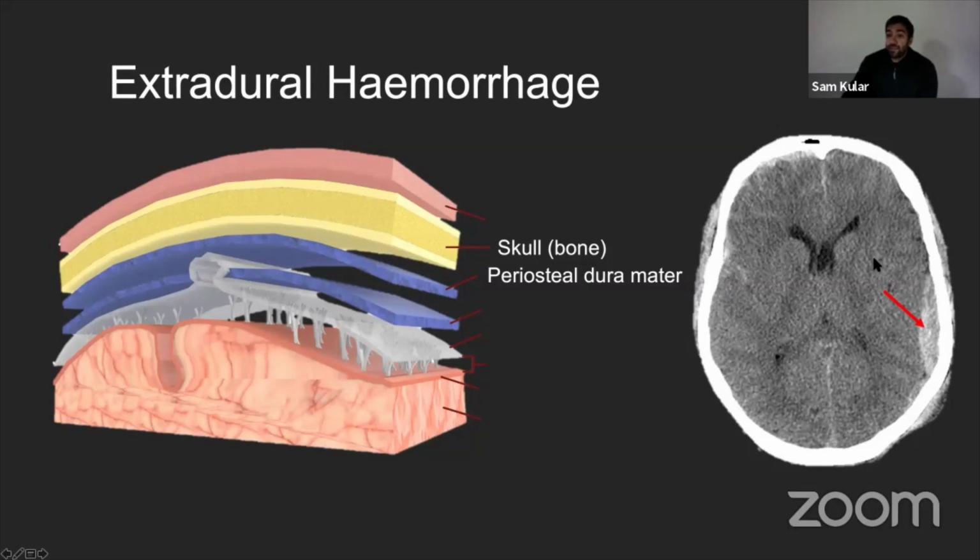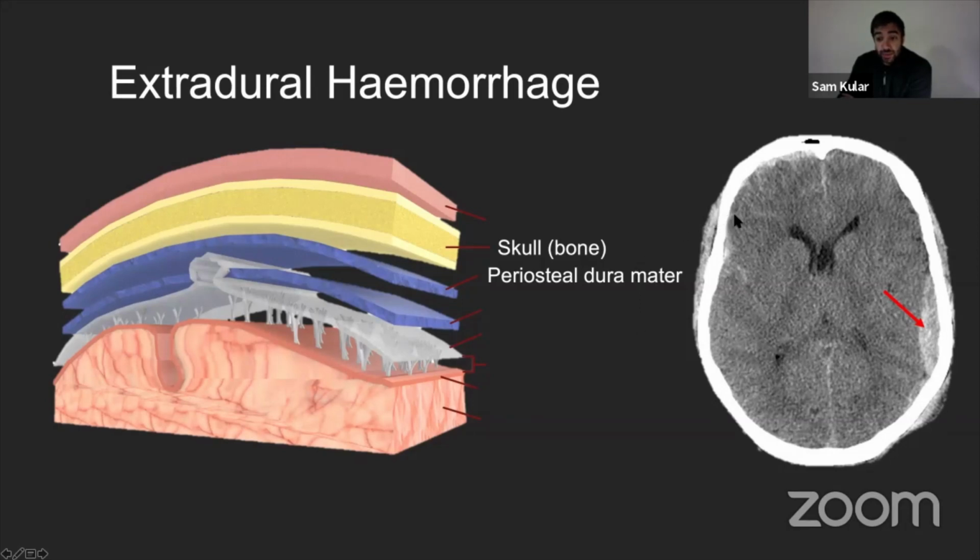It's basically because of the way it's just beneath the bone, it adheres to the suture lines that the bones are fused at. So it will adhere to the sagittal suture, so it won't pass from right to left, because the sagittal suture, if you remember back to our initial diagram, runs across the brain, separating it into right and left parietal compartments. So it tends to stay on one side.